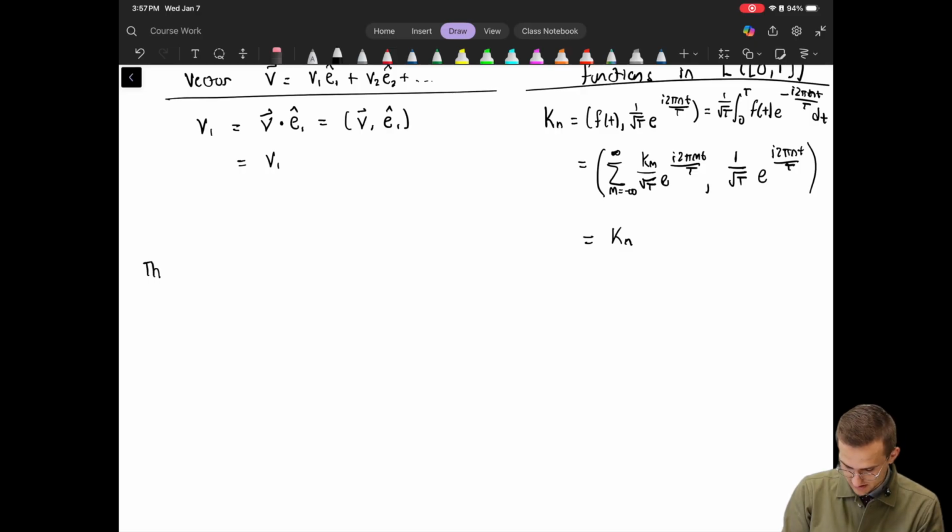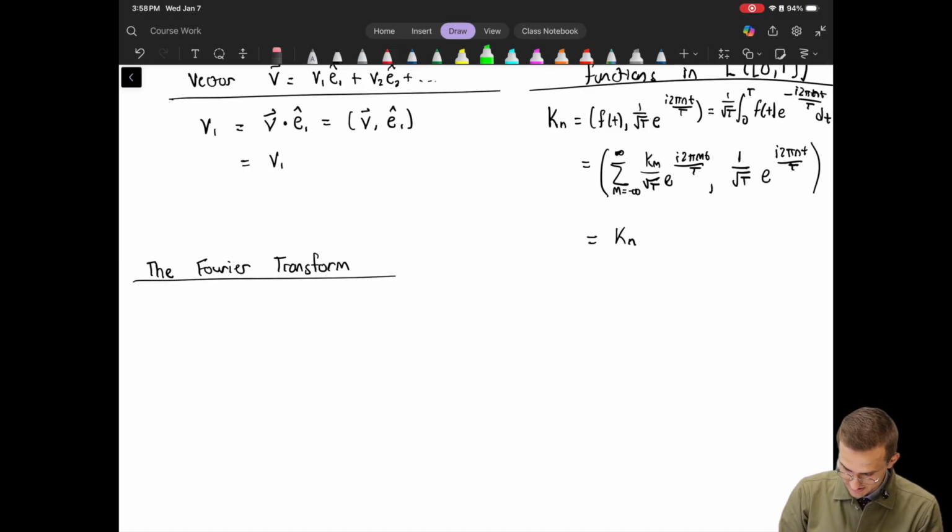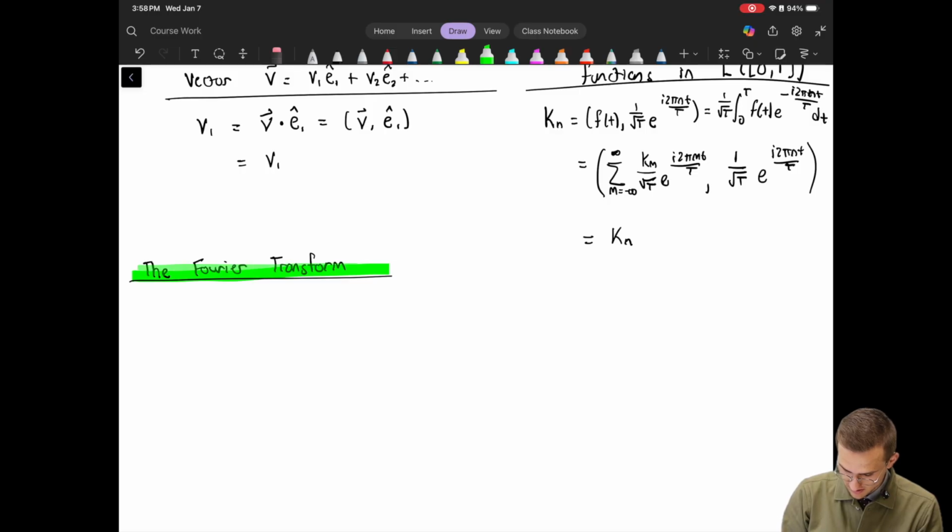The next thing that I'd like to talk about is the Fourier transform, which is where we take this jump from the discrete sum world of the Fourier series into the continuous world of the Fourier transform.